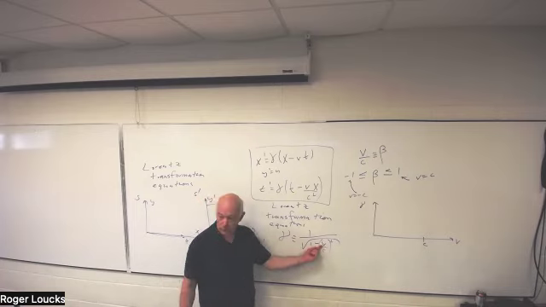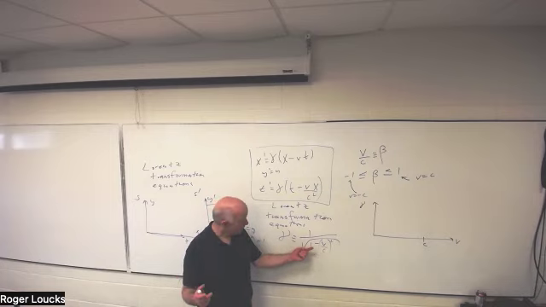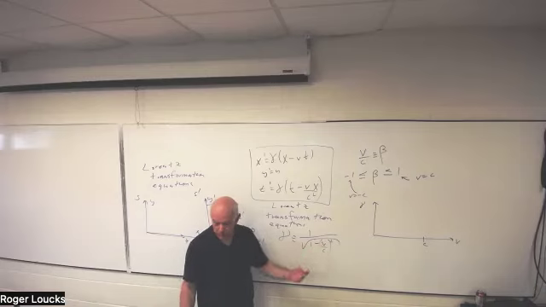Let's say V gets close to C. If V is getting close to C, I have 1 minus something close to 1. What would that be? Close to 0. If I take the square root of close to 0, I get close to 0. 1 over something close to 0 is gigantic. It's going to go off to infinity. So when V gets close to C, gamma goes off to infinity, or asymptotically approaches it.